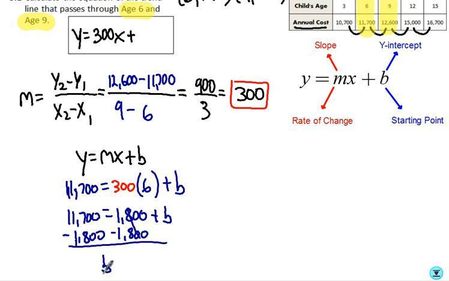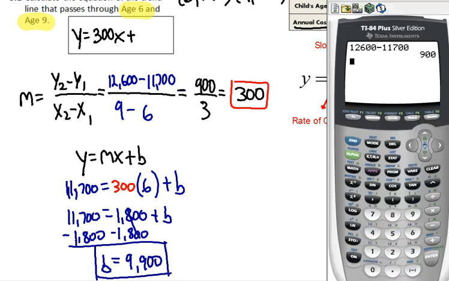And so that would give me that b is equal to 9,900. And if you weren't sure about that, you certainly could have gone into the calculator, maybe double check our numbers here. 11,700 minus 1,800. And I do get 9,900.